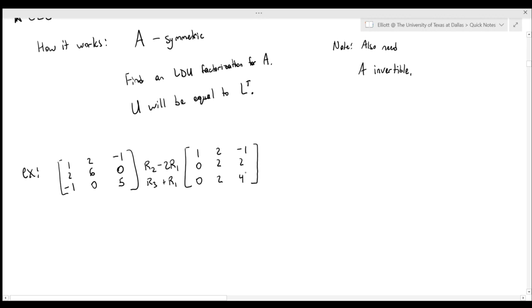Okay, so now I'm going to continue reducing to an upper triangular, so I'm just going to do row 3 minus row 2. So if we do that, we'll get 0, 0, and 2. All right. So this is the U in an LDU factorization, all right?